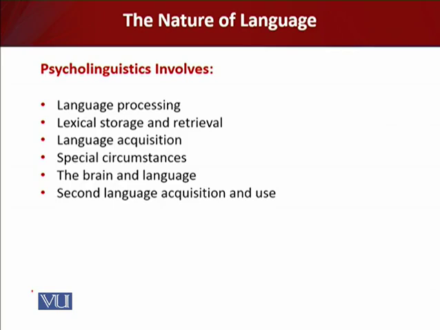Now this looks at the phenomena of bilingualism. That is how individuals can learn a second language and are able to differentiate between them. So monolingualism, as we all know, deals with one language, a speaker who has the ability to speak only one language.